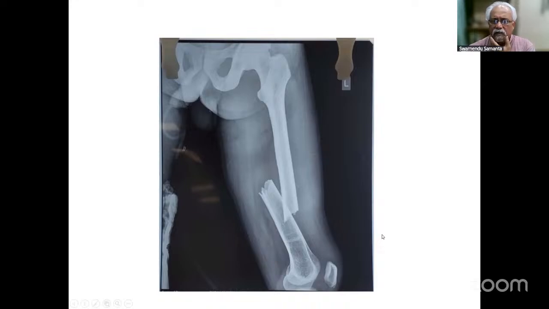You can say this is a radiograph of the left femur with hip and knee joint, showing that there is a fracture of the shaft of the femur. Then they can go on asking which type, and whether this X-ray is sufficient, yes or no. Is the X-ray sufficient or do you want to do something else with this?